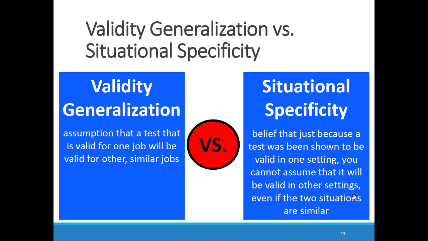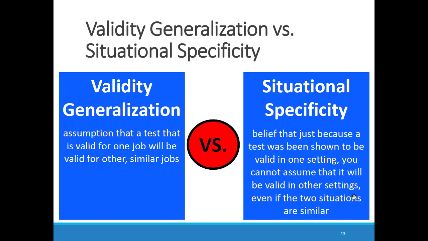So if we validate a test for an administrative assistant position in an organization, can we take that test and use it for hiring a secretary? An administrative assistant and a secretary's duties overlap somewhat, but they might be slightly different depending on the organization. So can we assume that the validity of a test for an administrative assistant would also be valid for the job of a secretary?